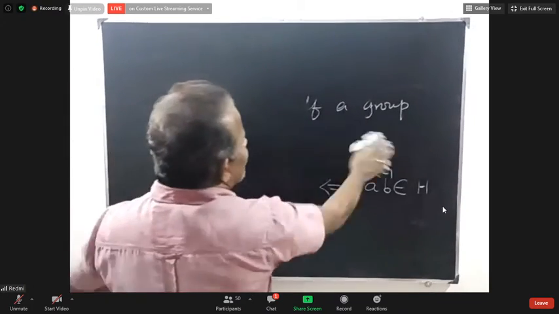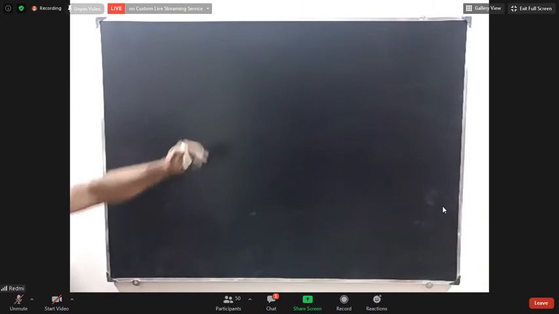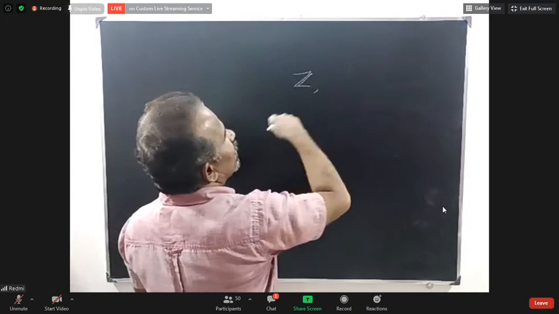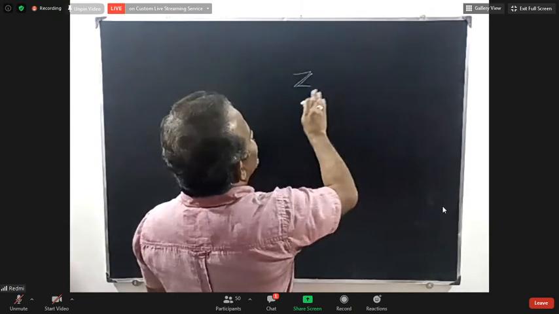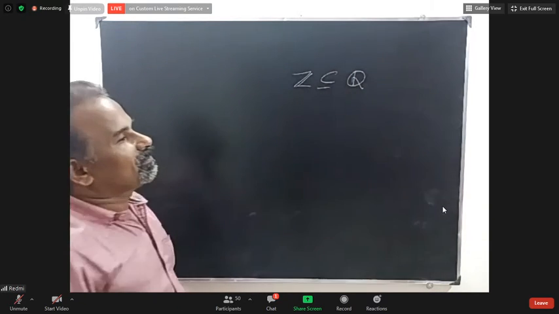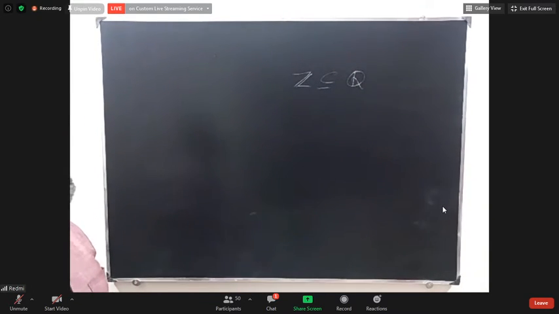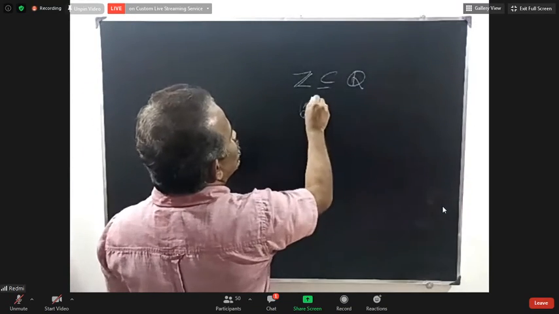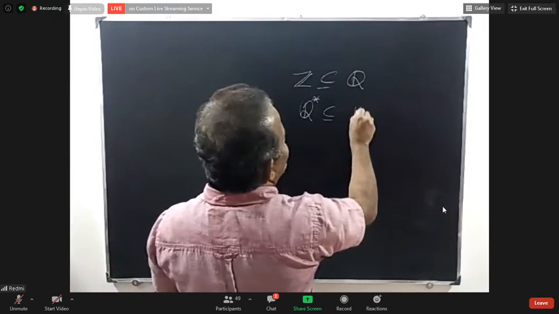Then, what are the subgroups? Any group is a subgroup of itself. Z is a subgroup of the rational numbers with respect to addition. Q star is a subgroup of R star.